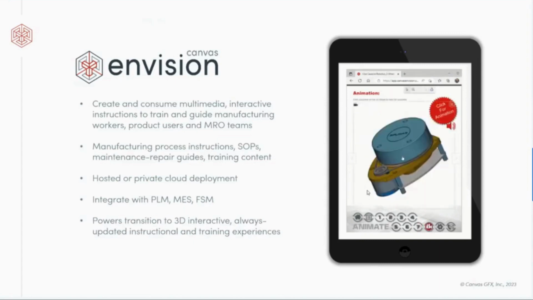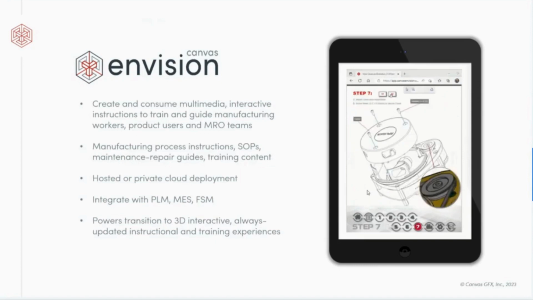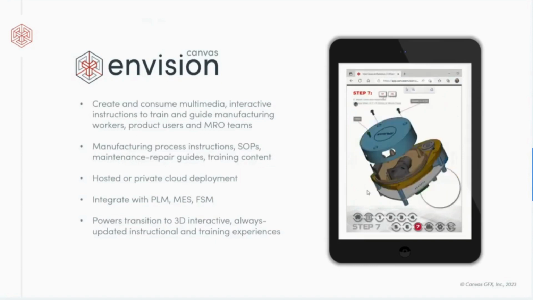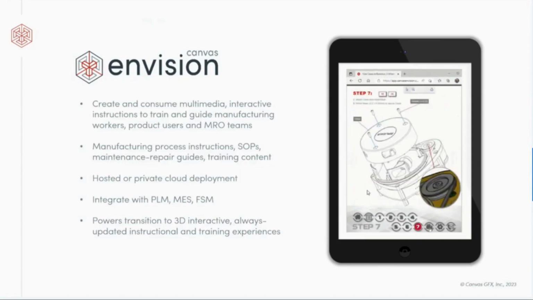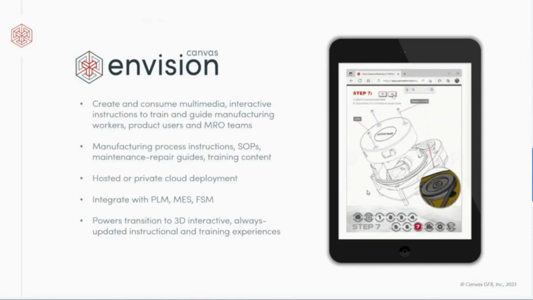Our customers use Canvas Envision for manufacturing process instructions, standard operating procedures, maintenance and repair guides, as well as training content. As far as our product, we're very flexible in many ways. Our deployment is flexible. We have cloud-hosted, private cloud deployments as well as on-prem options.